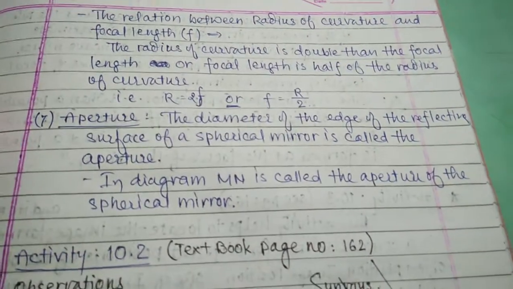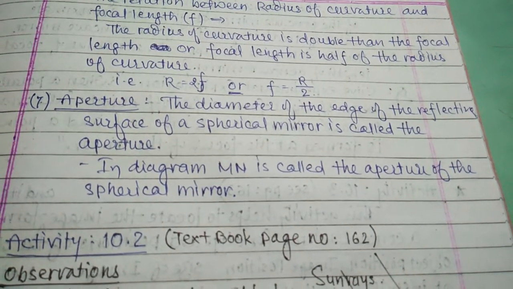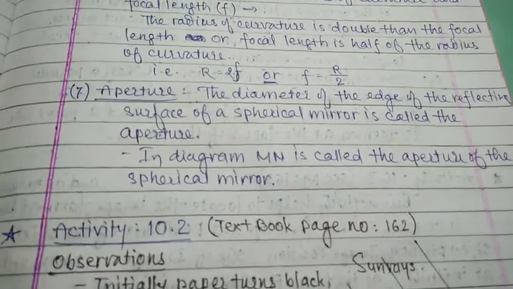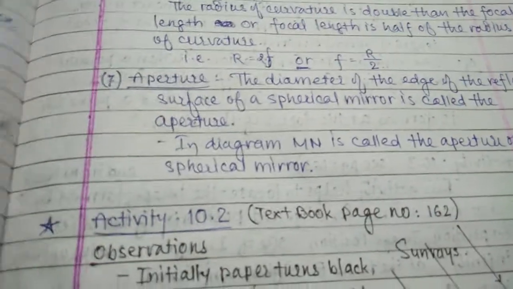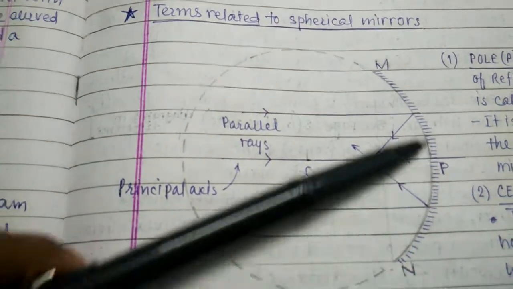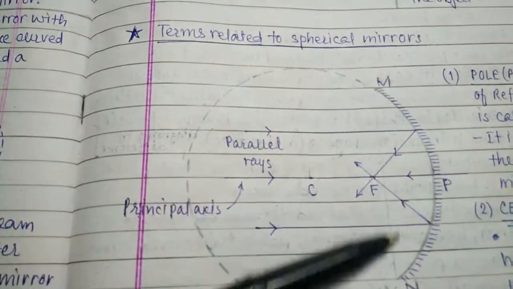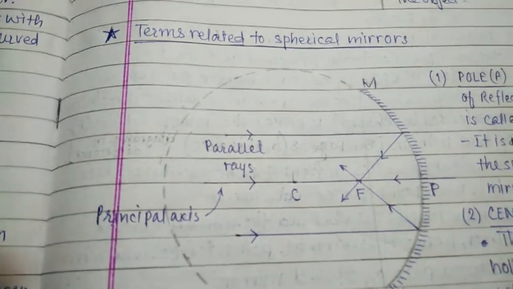Now aperture. The diameter of the edge of the reflecting surface of a spherical mirror is called the aperture. So here, this is M and this is N, it is the reflecting surface. This is the diameter of the reflecting surface. It is called the aperture of the mirror.